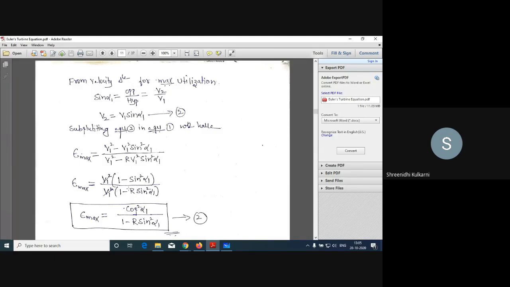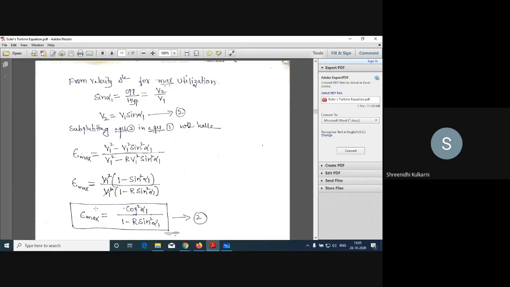After cancelling, 1 minus sine square alpha 1 is cos square alpha 1, so we get cos square alpha 1 divided by 1 minus R into sine square alpha 1. This is the maximum utilization factor.